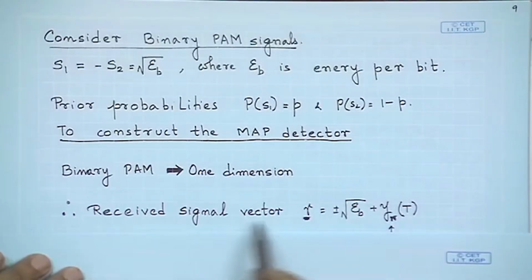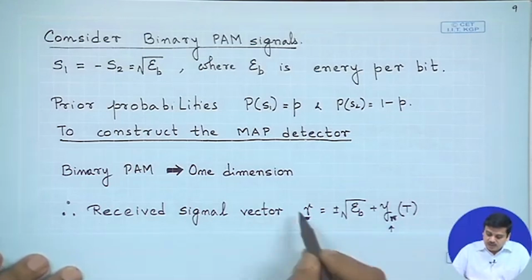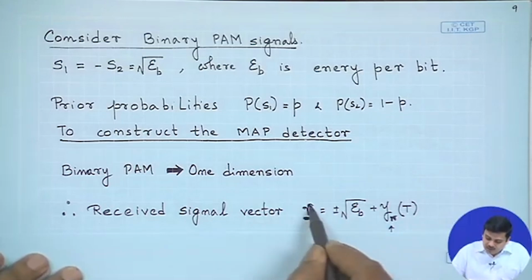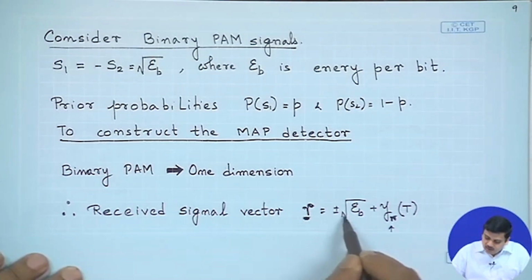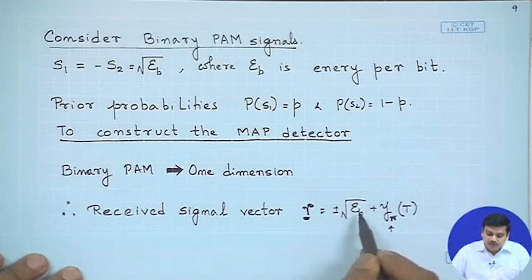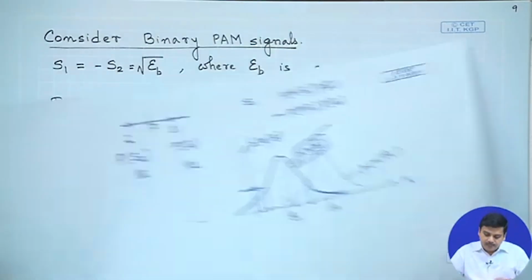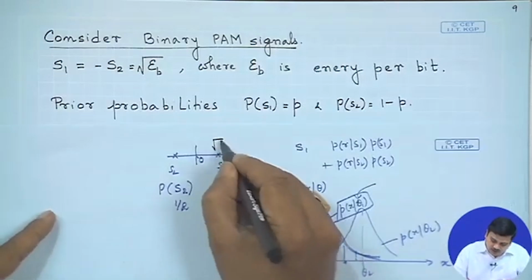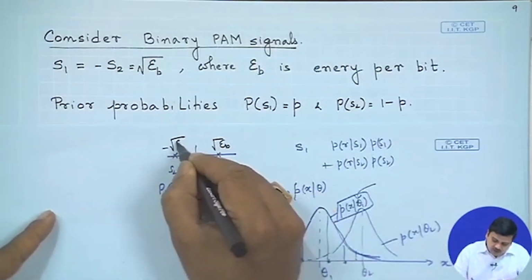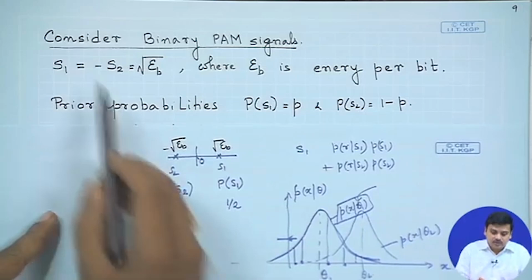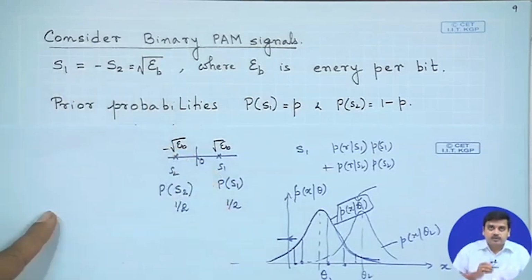So, the received signal R can be written as plus or minus root over EB, because the signals that we have here are root over EB and minus root over EB, which is also described in this particular statement here.